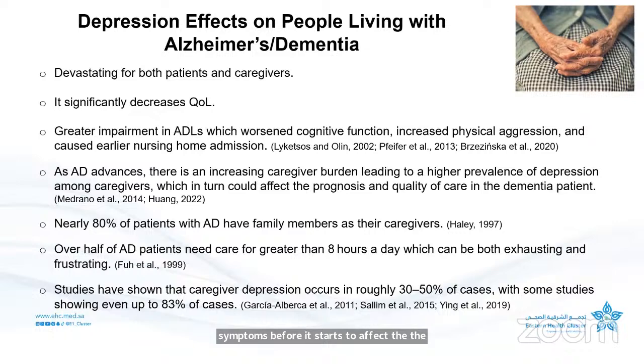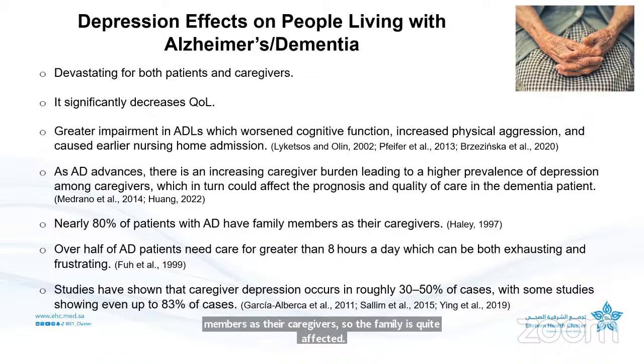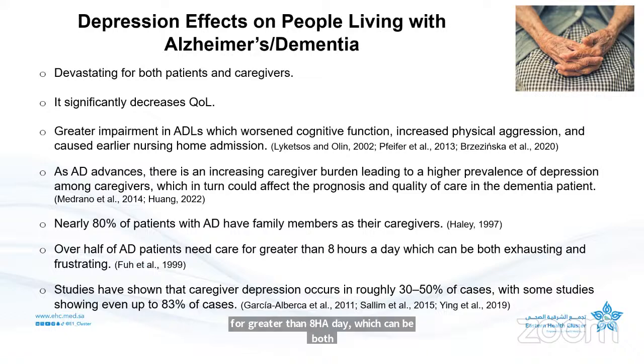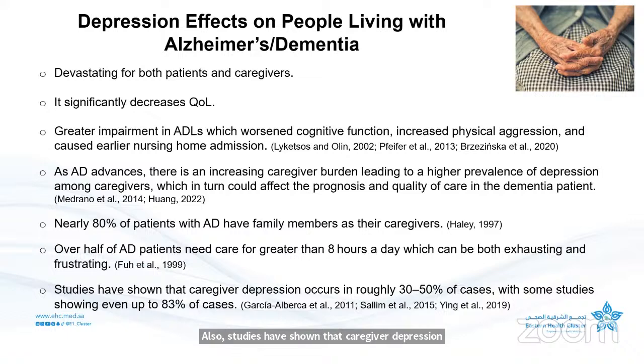Nearly 80% of patients with Alzheimer's have family members as their caregivers, so the family is quite affected. And over half of Alzheimer's patients need care for greater than 8 hours a day, which can be both exhausting and frustrating. Also, studies have shown that caregiver depression occurs in roughly 30% to 50% of cases, with some studies showing up to 83% of cases.